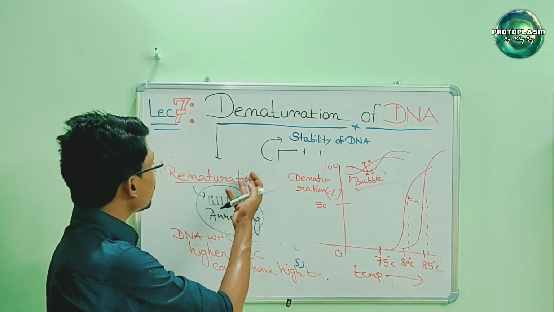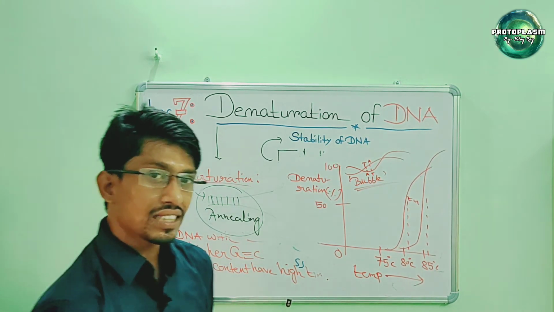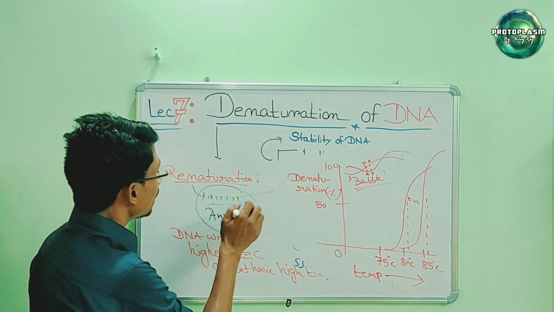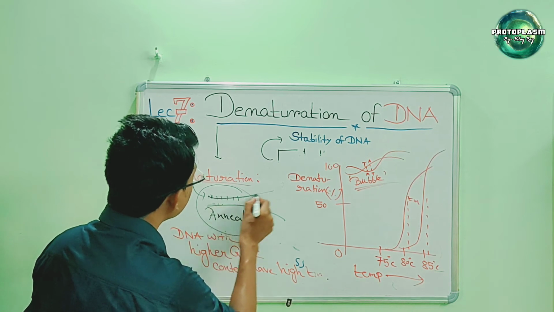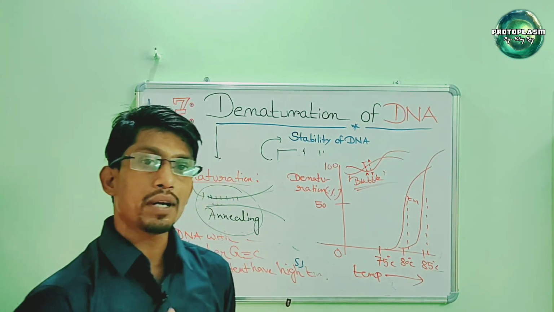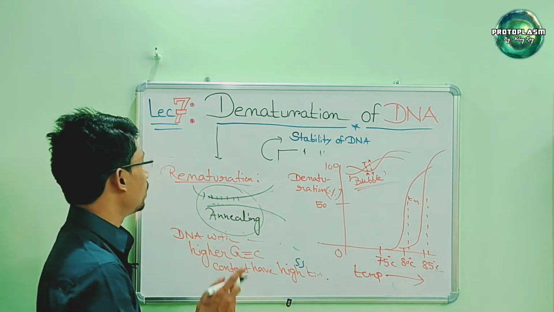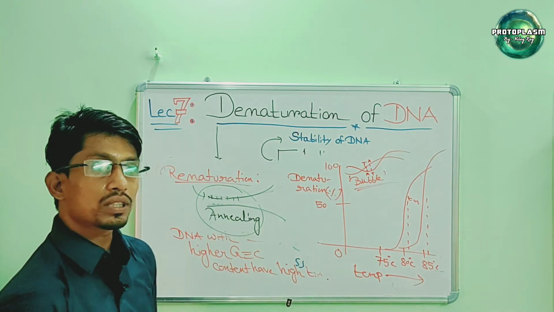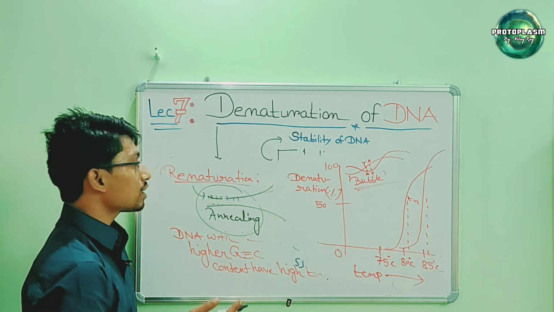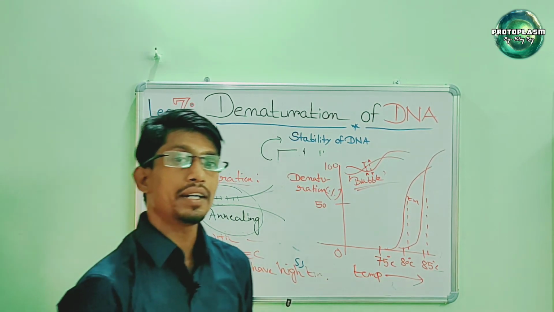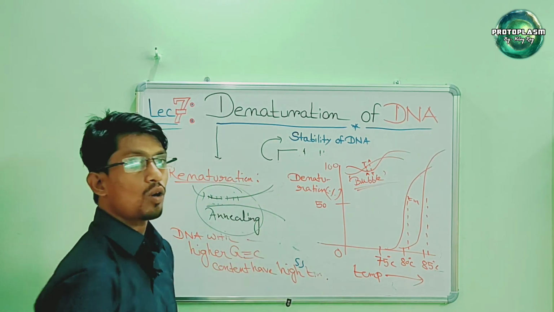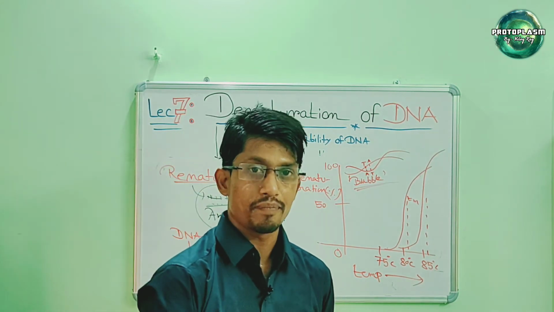Now when renaturation occurs, here is a simple concept. Just remember, suppose this was a DNA that was completely separated. In the case of a completely separated DNA molecule, the renaturation process occurs in 2 steps. But in the case of partially separated DNA molecules, the renaturation process occurs in a single step.